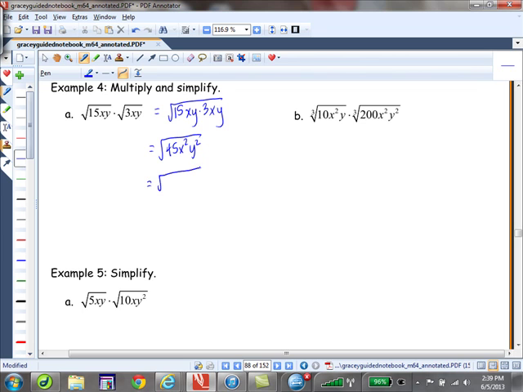Now I know that 45 is 9 times 5, and 9 is a perfect square. So I will have the square root of 3 squared times x squared times y squared. And then what's left over is the square root of 5. So we'll just get 3 times x times y times the square root of 5, and we're done.